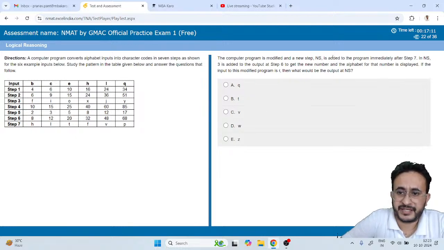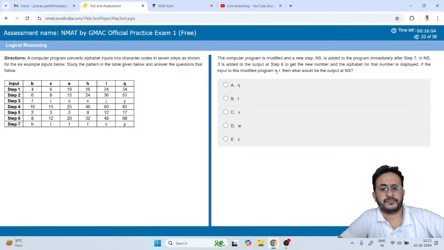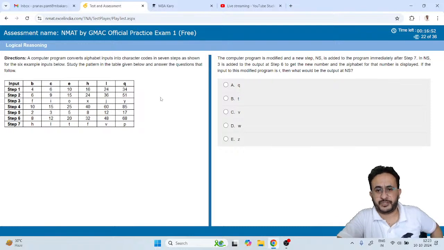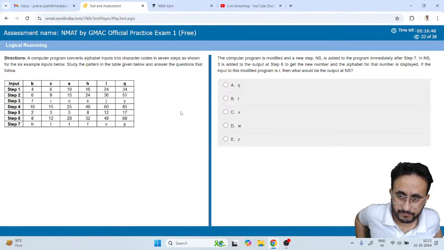Modified: a new step, NS, is added to the program immediately after step 7. In NS, 3 is added to the output at step 6 to get the new number, and the alphabet for that number is displayed. The modified input is R. We need to find the output at NS.